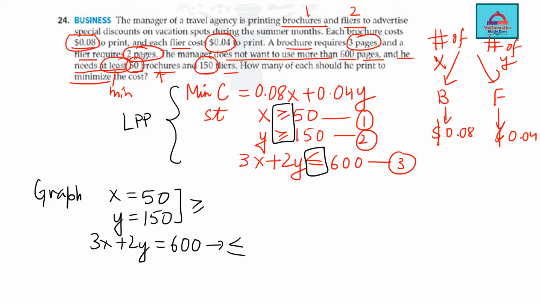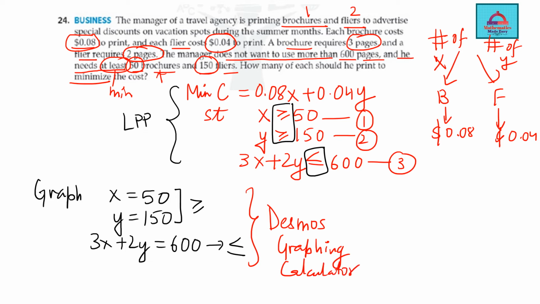Just to save time, right now I'm going to do this on Desmos, because if I do it without using the Desmos graphing calculator, the answer will be pretty long. So I'm going to use this only, just like we did for the last question, and then we'll look at our shaded region. Let's go to Desmos and see the graph.